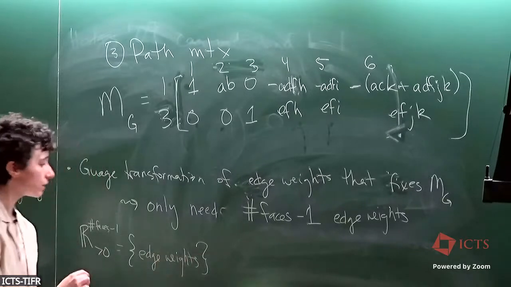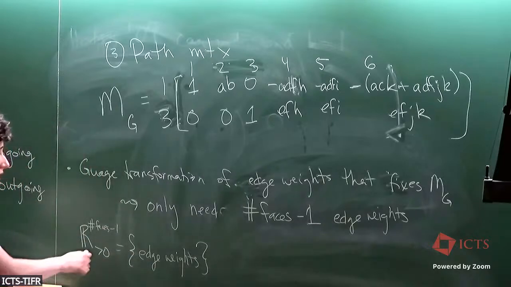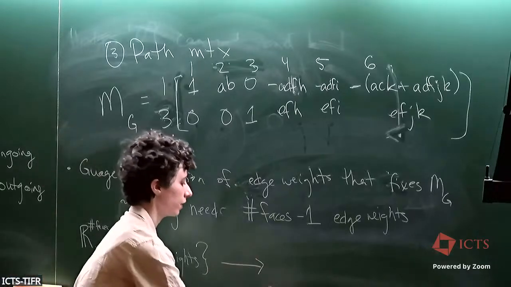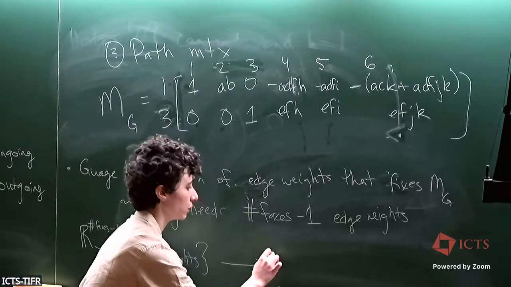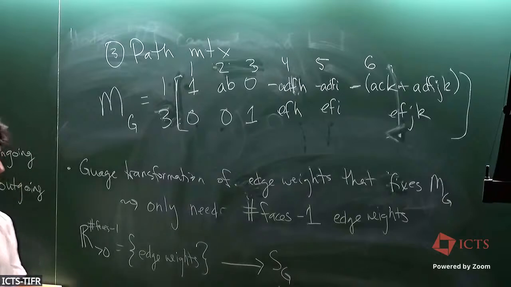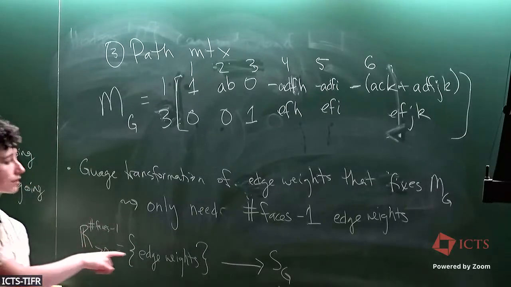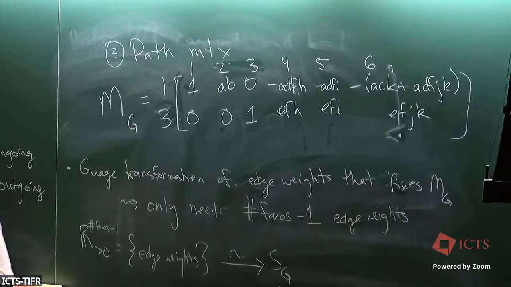And what I told you is that this path matrix gives me a way to take my edge weights and turn it into a matrix, M_G, which lives inside of a particular positroid cell. And the other thing I told you was, as I vary my edge weights over all positive real numbers, I cover the entirety of this cell. So I'm hitting everything, and I'm hitting everything exactly 1 time.